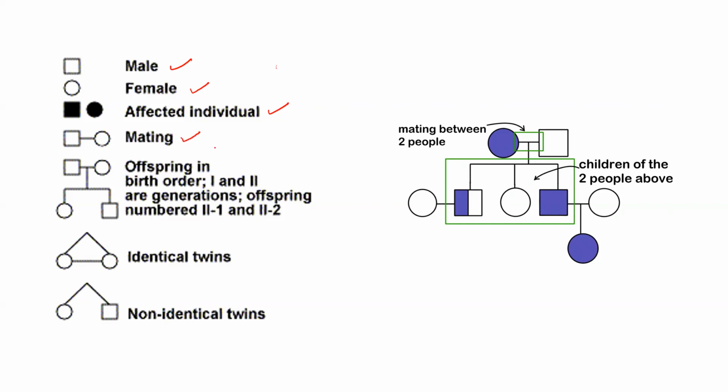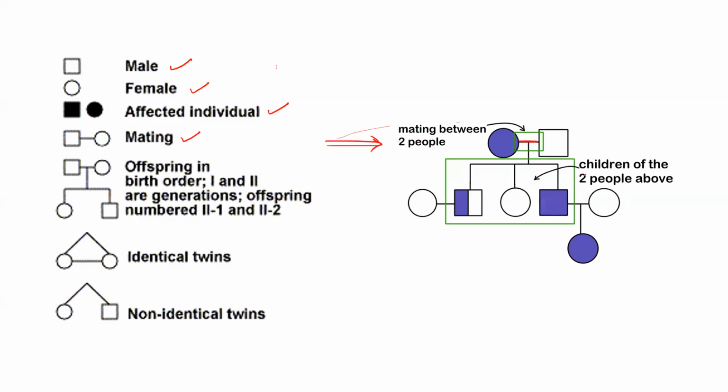This represents mating. See this horizontal line connecting the square and the circle. This line is showing mating between two people.